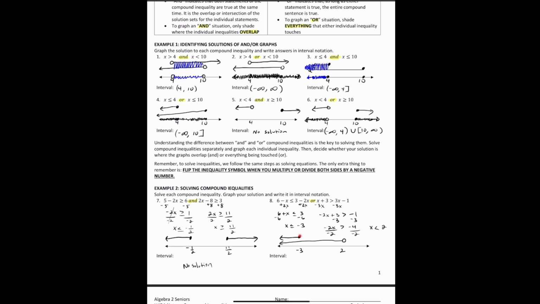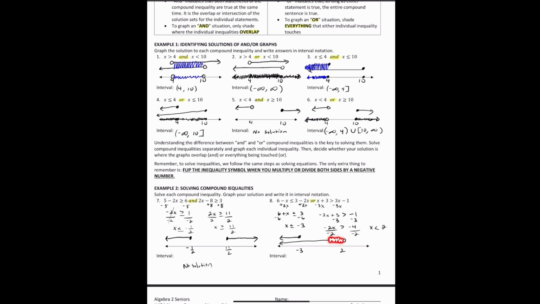So I'm going to start at negative 3, and it's going to go towards negative infinity. And then for x is less than 2, we have an open dot here, and we are going to keep on going and going towards negative infinity. However, as I approach negative 3, it doesn't really matter what happens. It's already included anyways. If this was an open dot, that open dot becomes a shaded dot, but it doesn't really matter because it's already shaded to begin with.